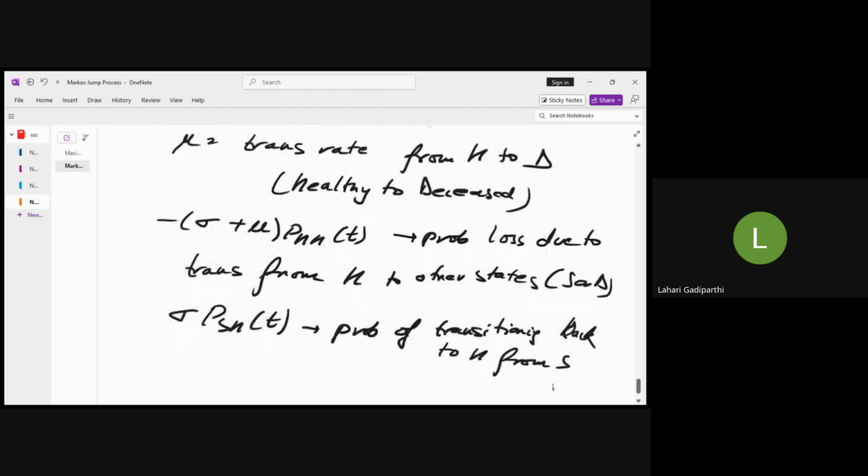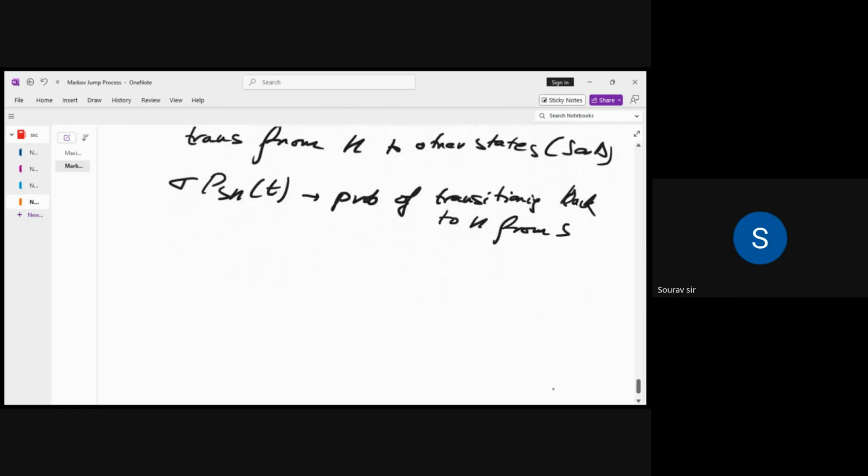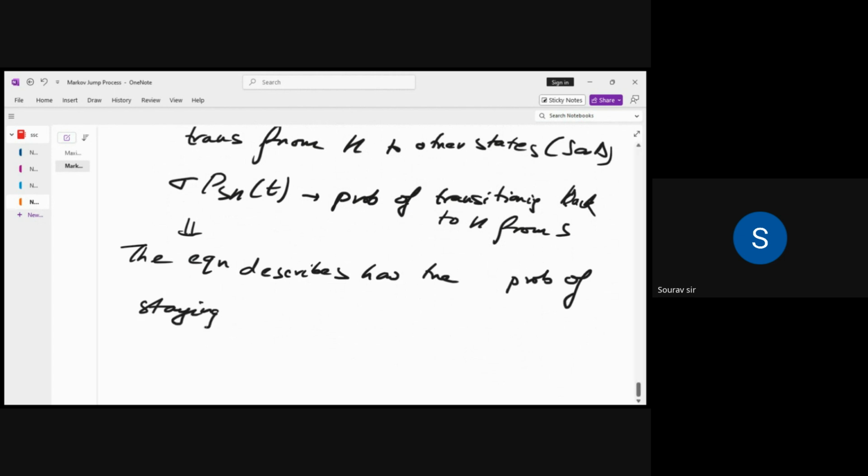Okay. So here, what is the interpretation of this? The equation we have written describes how the probability of staying in H changes over time. Okay.